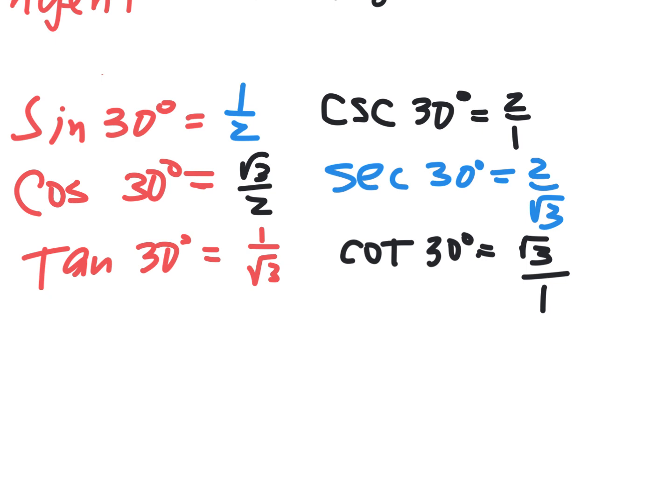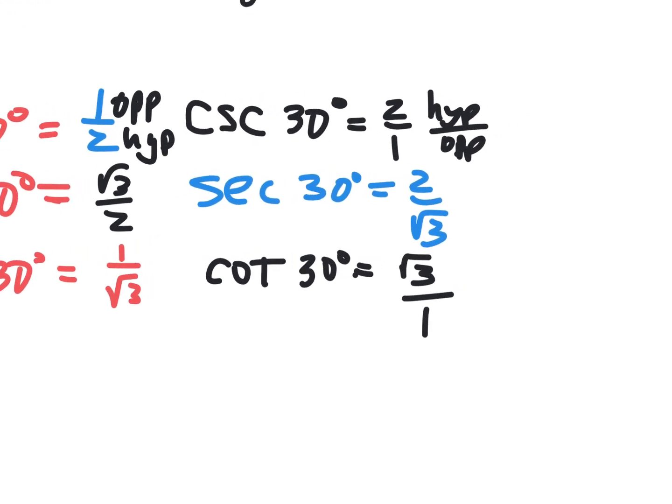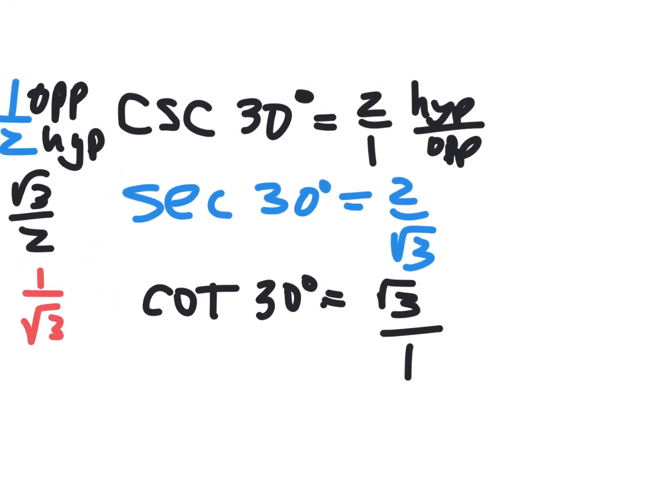Now, sine is the opposite over the hypotenuse. So what's cosecant? Yeah, hypotenuse over opposite. So if you're going to have SOHCAHTOA, then you could also have a CHO.